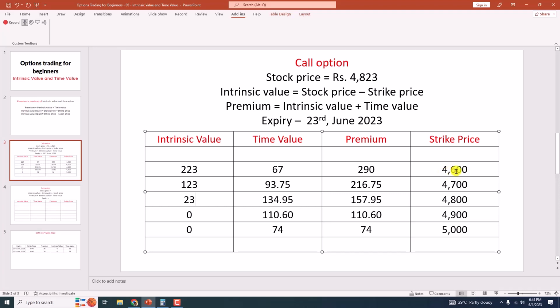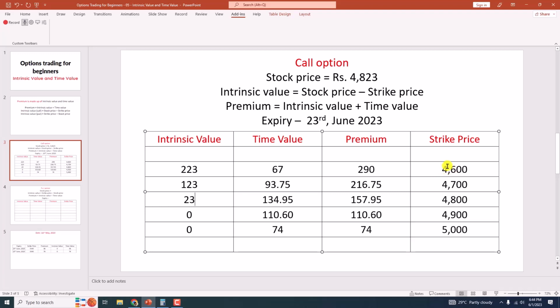When the option expires, how much money will I get? That is intrinsic value. Now see, when do we buy a call option? When we believe that the price will go up, correct? When I buy a call option, I have a choice of buying.